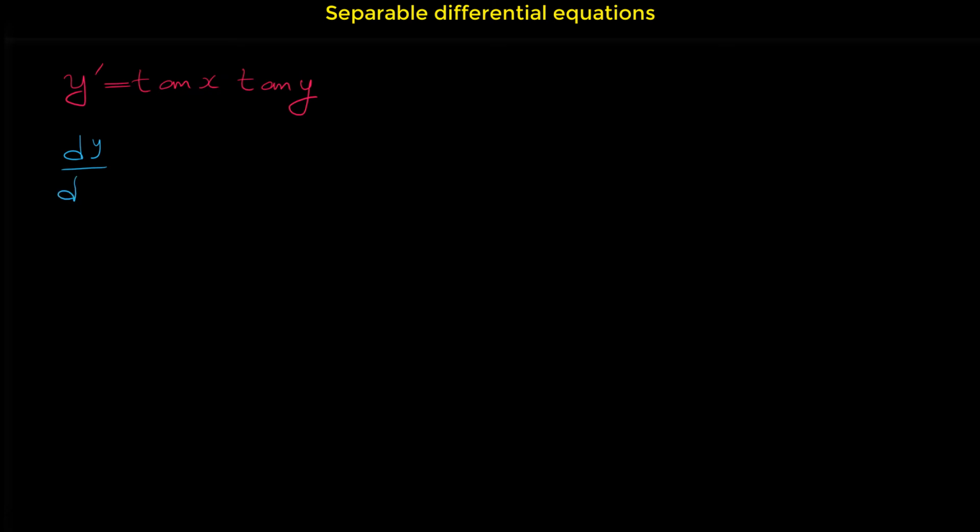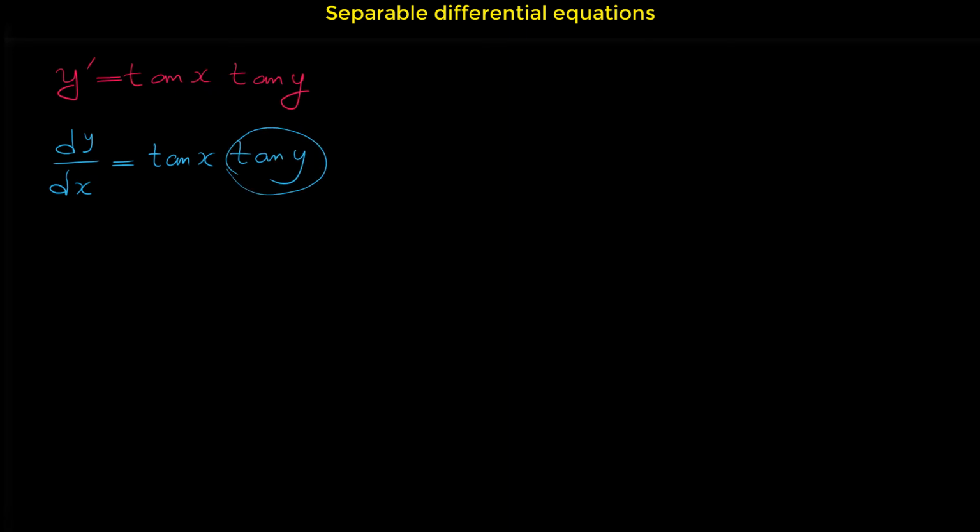If instead of y prime we write dy over dx equals tangent of x tangent of y, now we can bring tangent of y to the denominator of dy and we can bring dx to the top. So we can write this in the form of dy over tangent of y equals tangent of x dx.